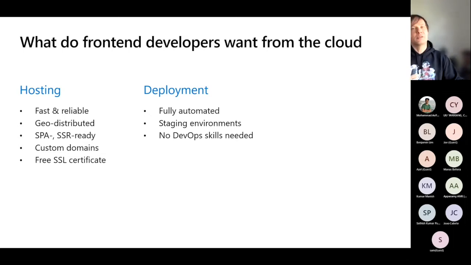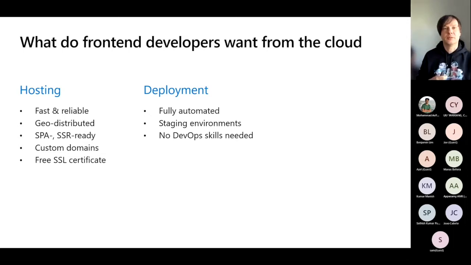Maybe later I will learn a lot of interesting things about operations and about DevOps, but now I really want to focus myself on development of my project, of my code, and I want to have full automation of all next steps.